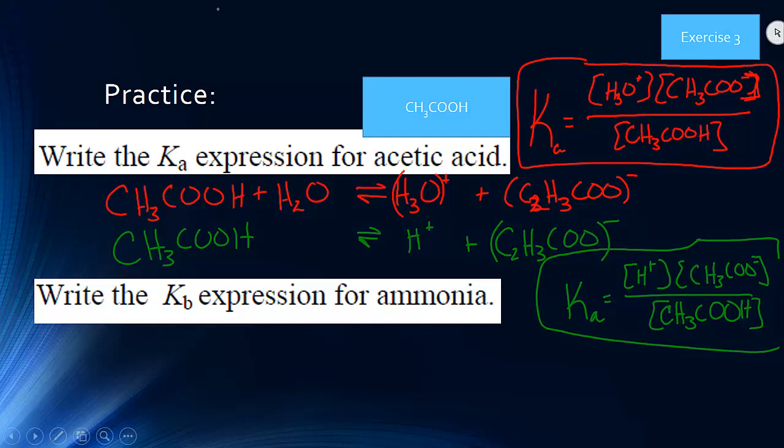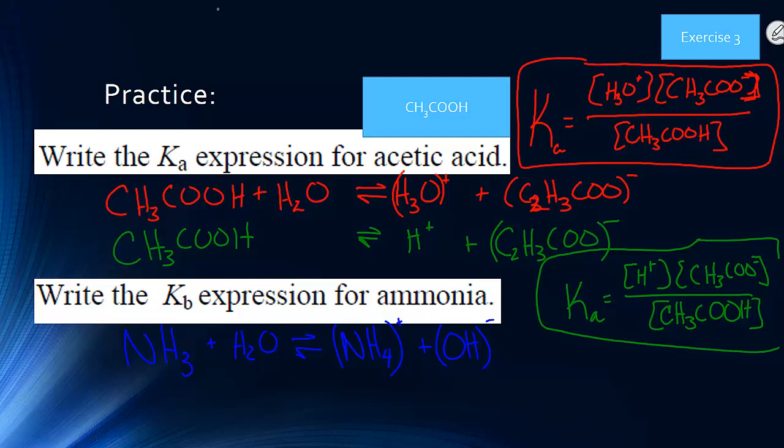For letter B on example 3, there is unfortunately only one way to write this. In order for you to show how ammonia acts as a base, you have to show it reacting in water. So ammonia reacts with water to form ammonium and the hydroxide anion. Again, that's because the ammonia can pull the hydrogen from the water to make hydronium.